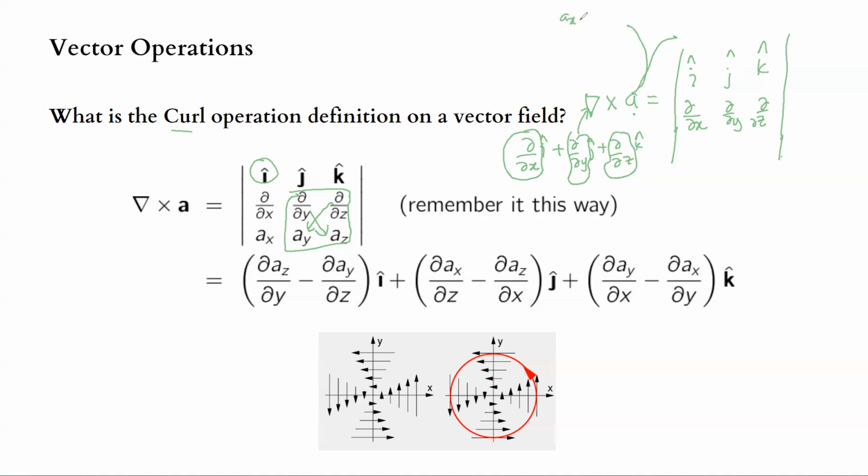And then we know the values of this vector. Let's say it has a certain function which says that a x i hat plus, sorry, a y j hat plus a z k hat, right?